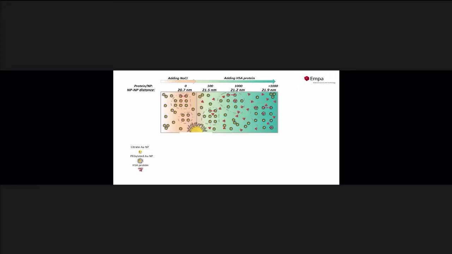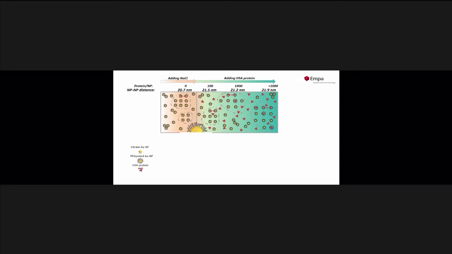To make a long story short, I just put here as a sketch the results we get. We have here the analysis I showed just before, without the protein, but with a low amount of salt. These pegylated 5 nanometer gold particles start to cluster to make this superlattice structure with a particle-to-particle distance of 20.7 nanometer, calculated with a certain error.